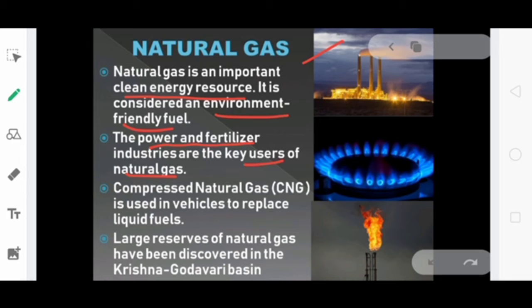The compressed natural gas is used in vehicles to replace liquid fuels. So these days a lot of vehicles use CNG instead of liquid fuels like petrol and diesel. Large reserves of natural gas have been discovered in the Krishna-Godavari basin. So that's it with natural gas.